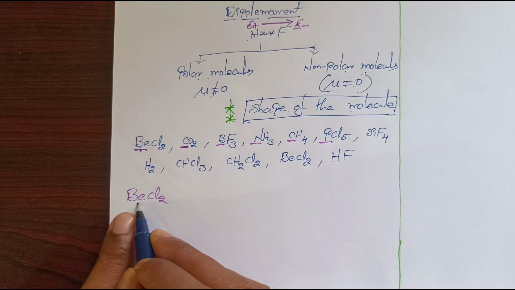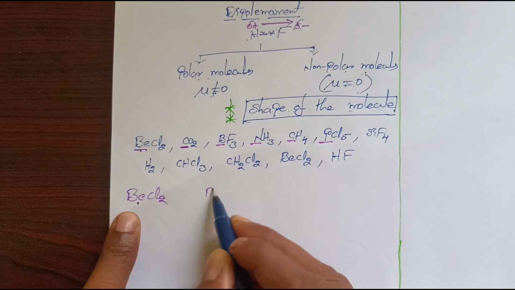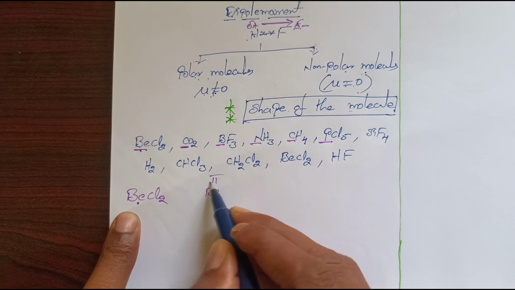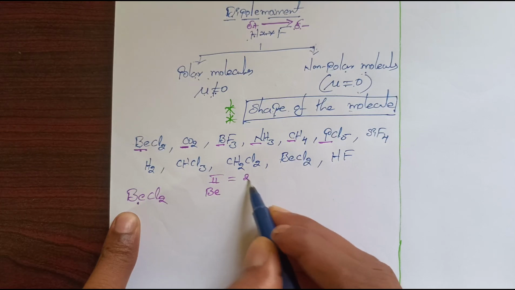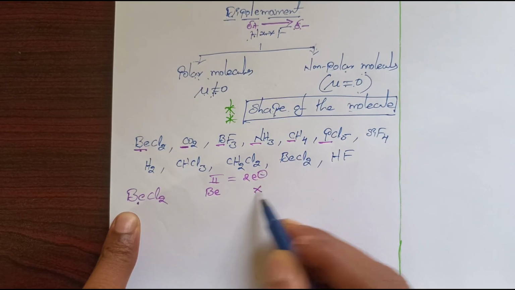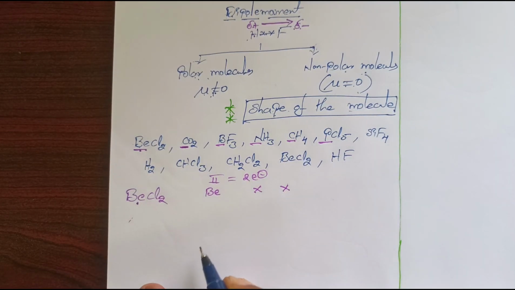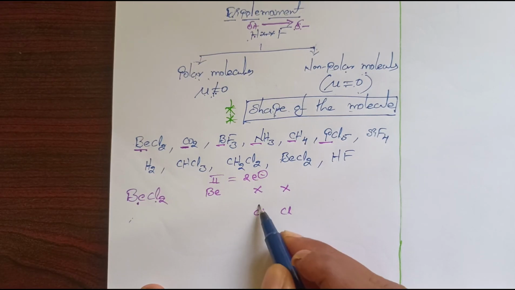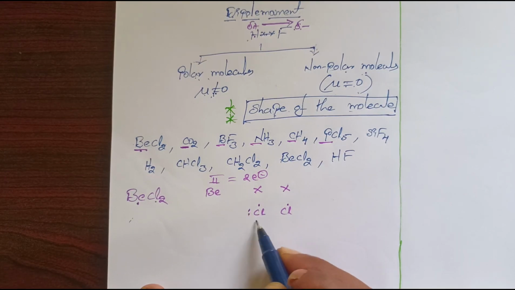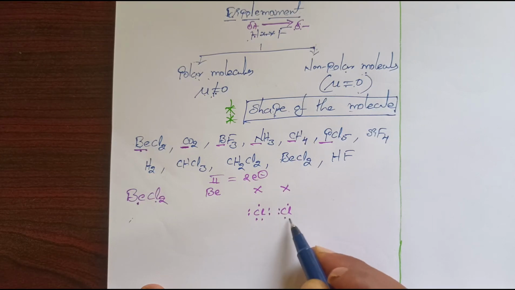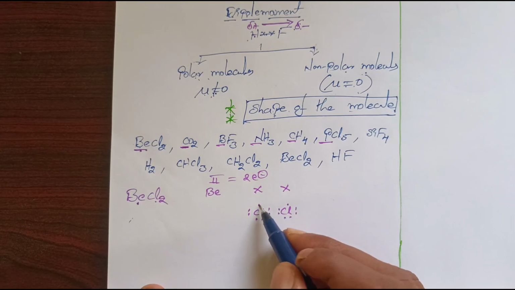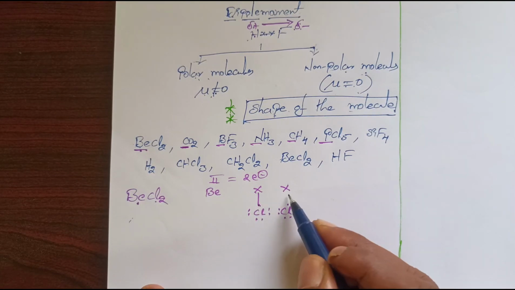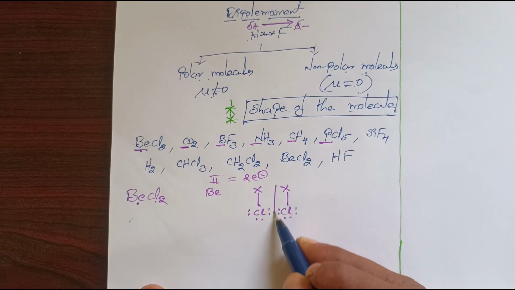In BeCl2, beryllium is the central atom, a group 2 element, with valence electrons 2. Around the beryllium, 2 chlorine atoms are present, each chlorine with 7 valence electrons, group number 7. The chlorine electron overlaps with the beryllium electron.